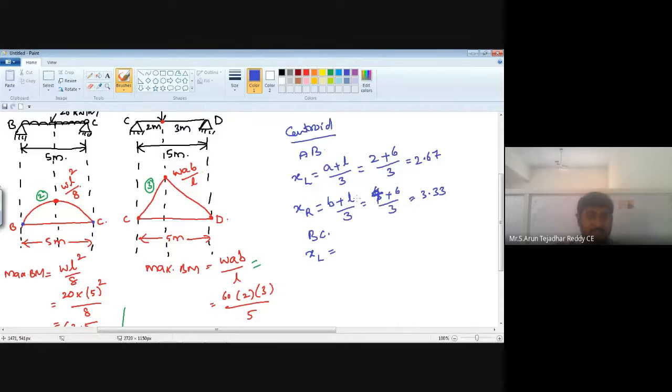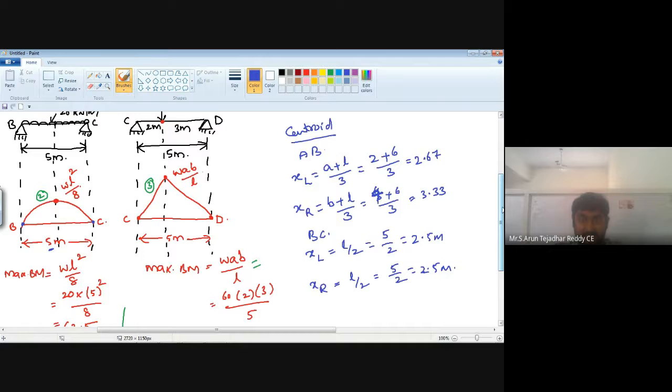Next, in this second diagram, when it is a symmetrical structure, the span is divided equally, that is L by 2 and L by 2. So here L is 5 meter, so 5 by 2 and 5 by 2. Then it is 2.5 meter and 2.5 meter.